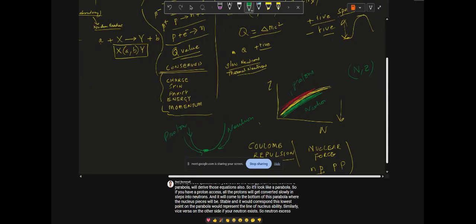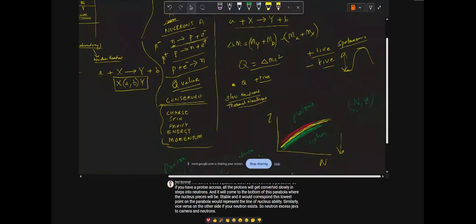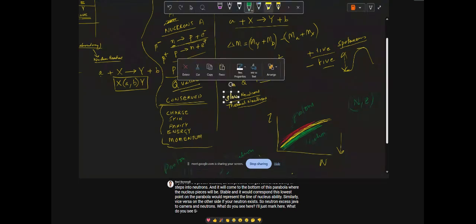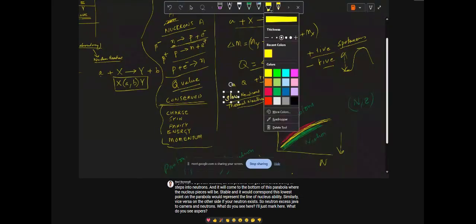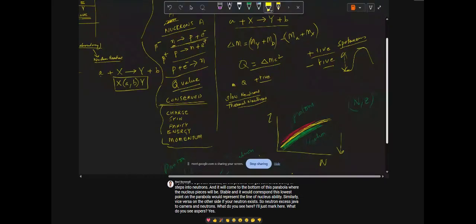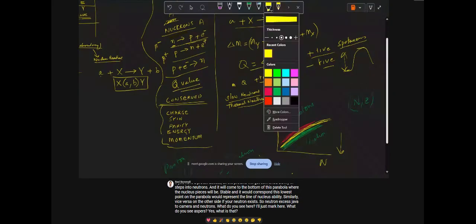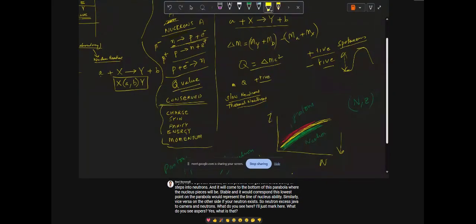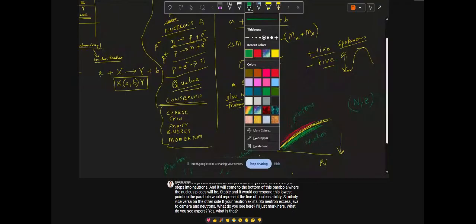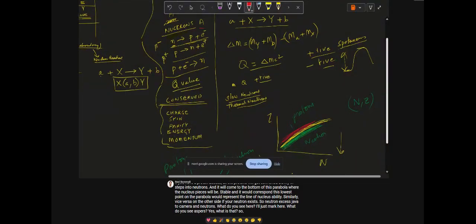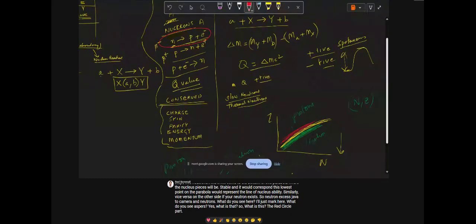So when there is neutron excess, what is happening? Neutrons, what do you see here? I'll just mark here. What do you see here, students? What is this? The red circled part, neutron getting converted into a proton, is what?